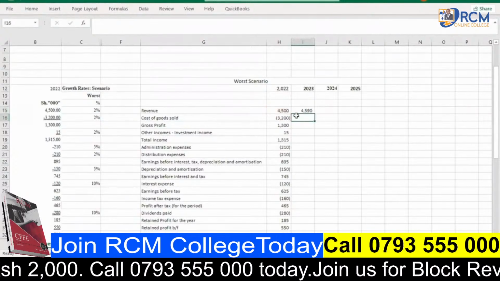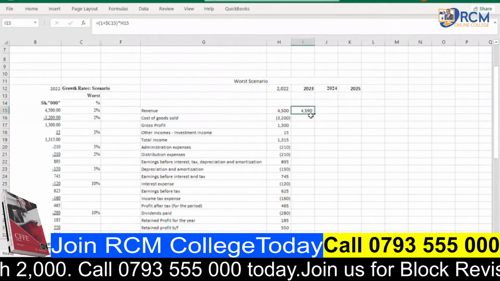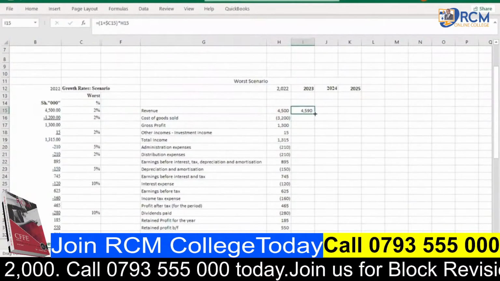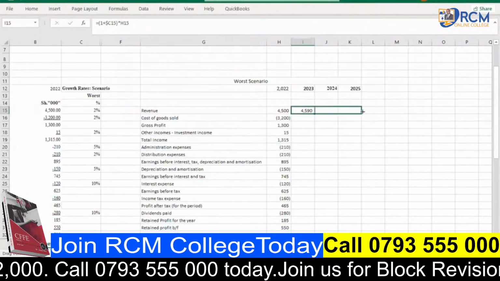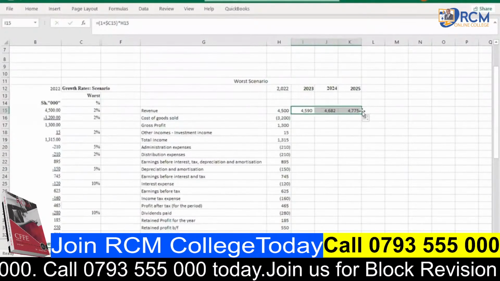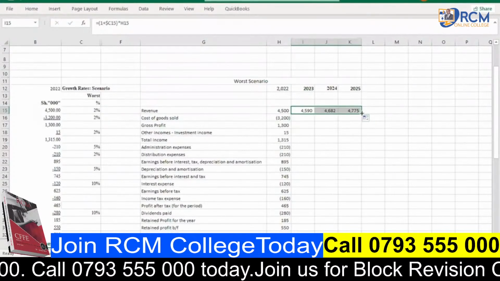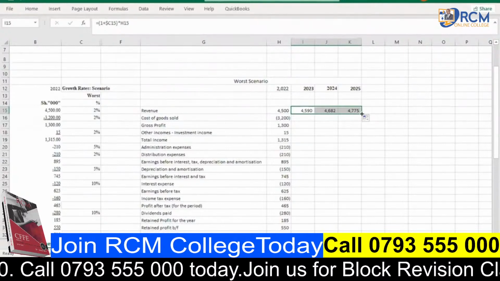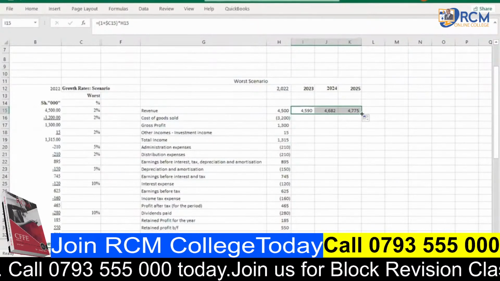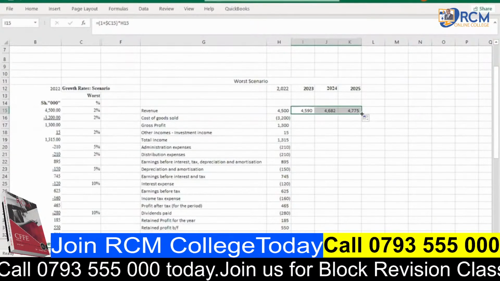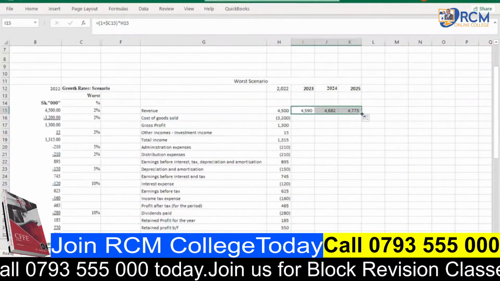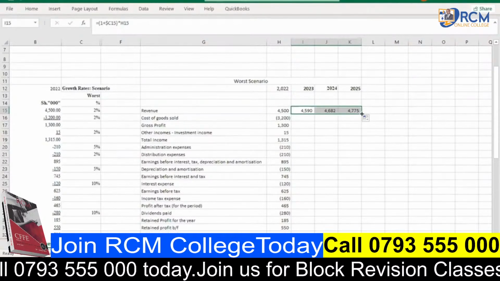Okay, so you enter. Once you do that, you don't need to do any other thing. Just drag it to the right to 2025. Then at the bottom corner here, double click, then tell me what you are able to see.